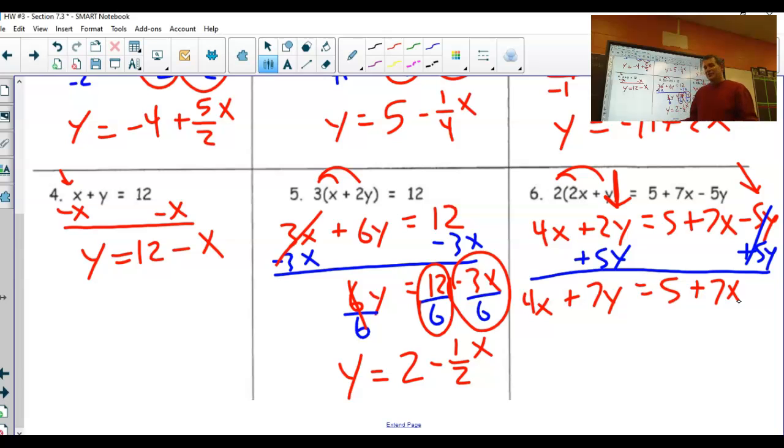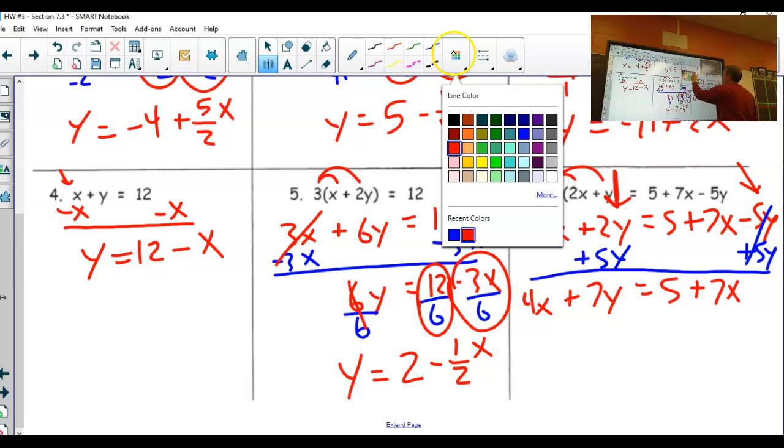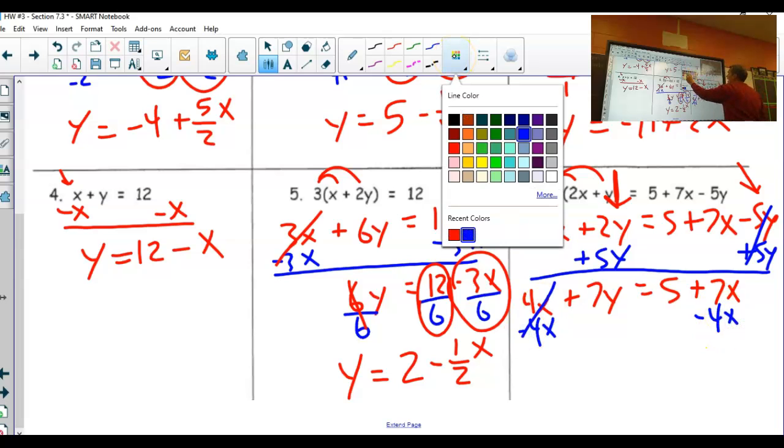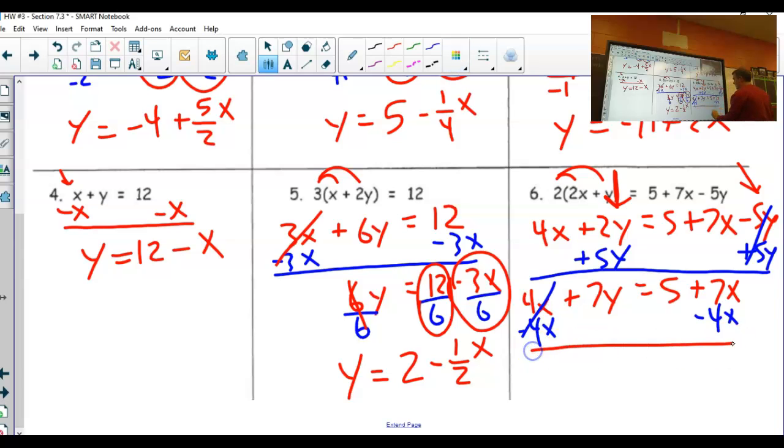Now I can go ahead and get the y by itself, right? So now I would subtract the 4x to get it over to the other side. And, oops, that gives me 7y equals 5 plus 3x.